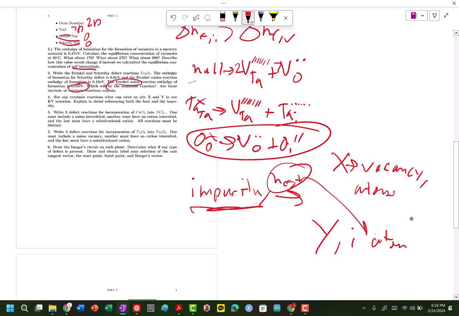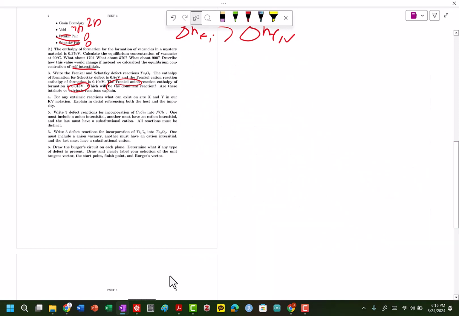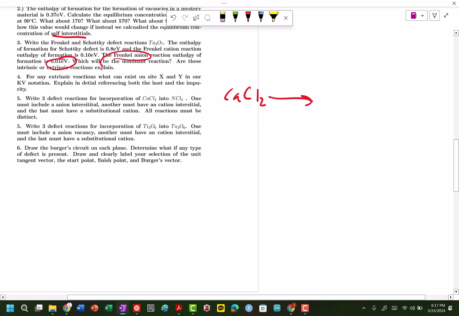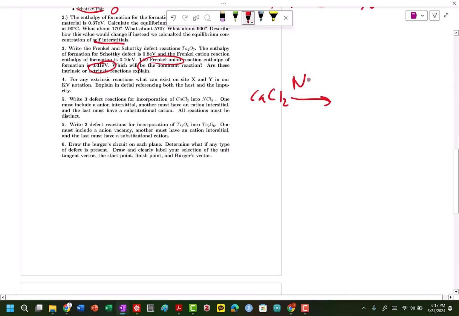Excellent. So let's get into some reaction writing. Let's delete this and zoom in here. We need to incorporate CaCl2 into NCl5.